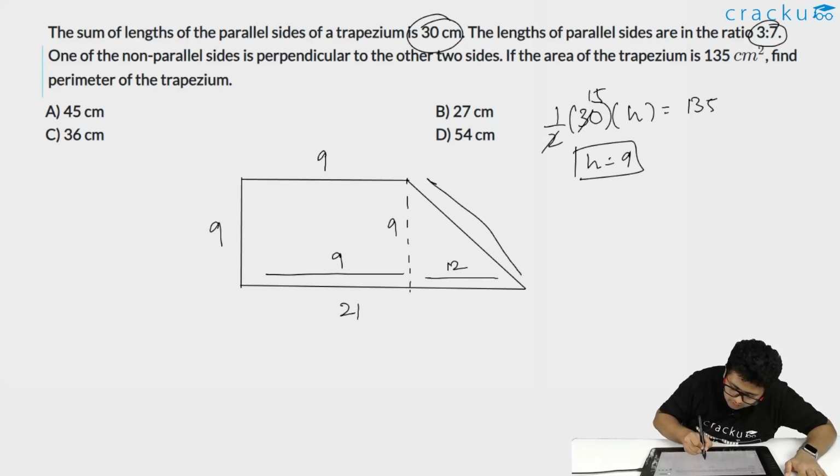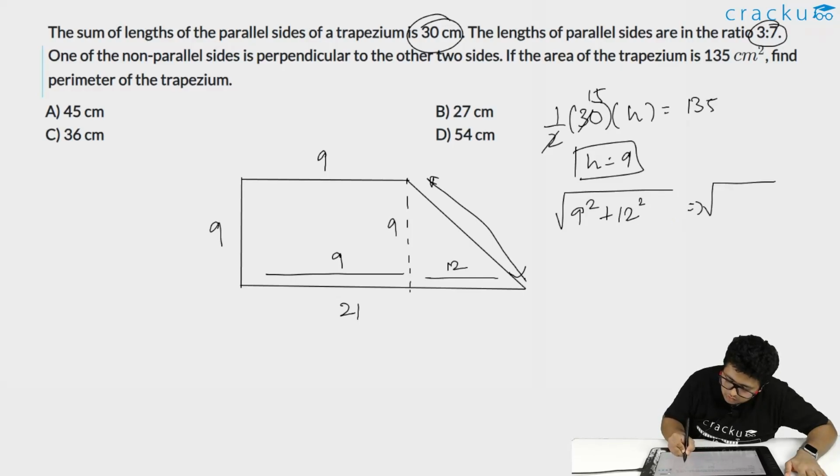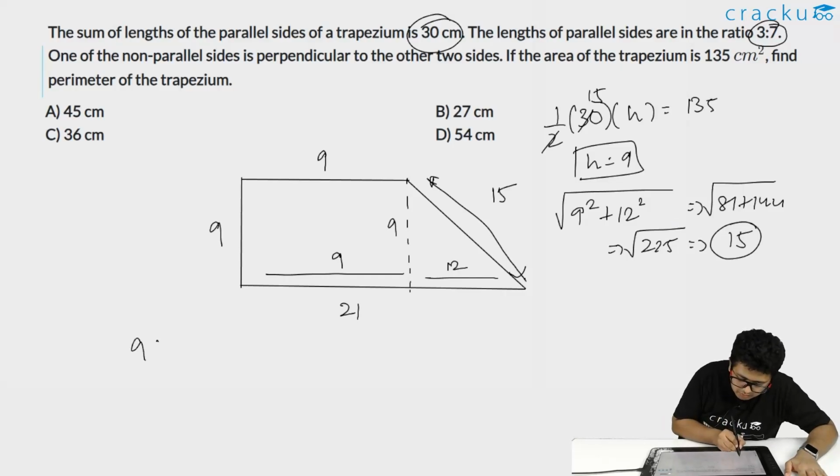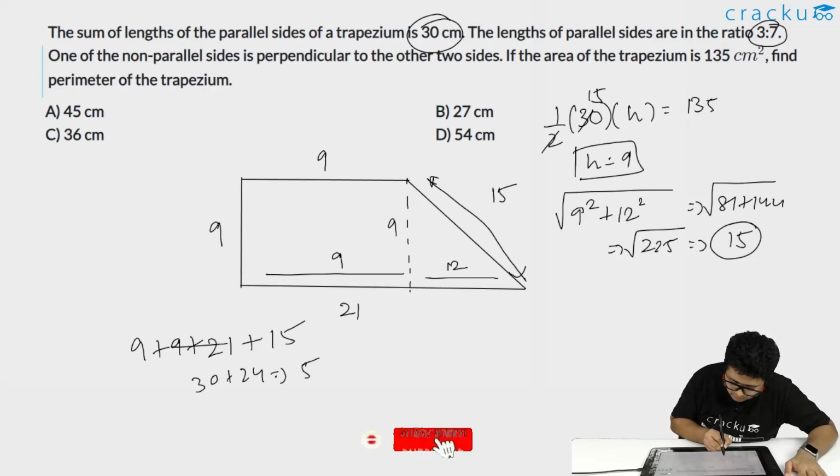To find the length here, you can just use Pythagoras theorem: root of 9 square plus 12 square, which is root of 81 plus 144, which is equal to root of 225, which is equal to 15. So the perimeter will be 9 plus 9 plus 21 plus 15. So this is 30 plus 24, equal to 54 centimeters.